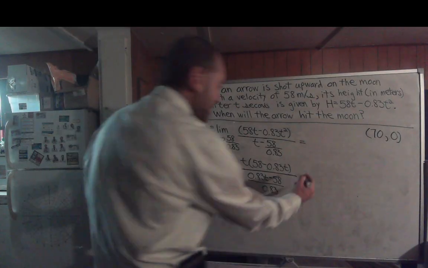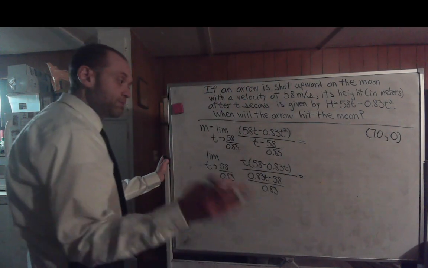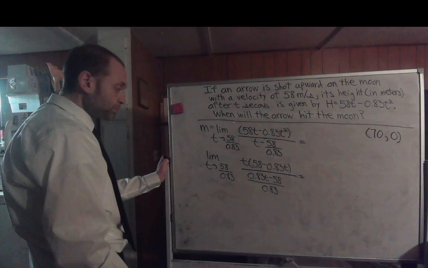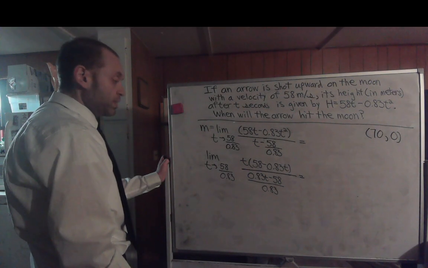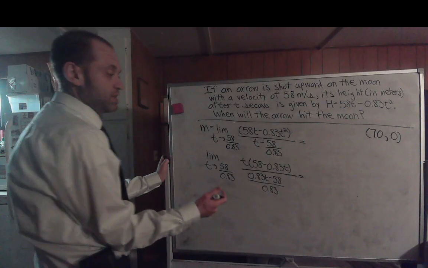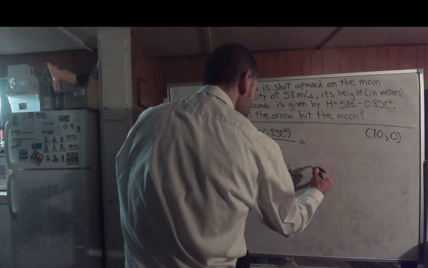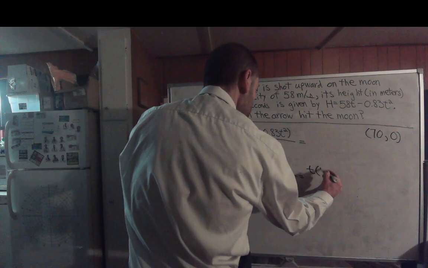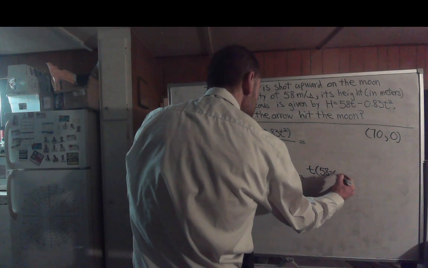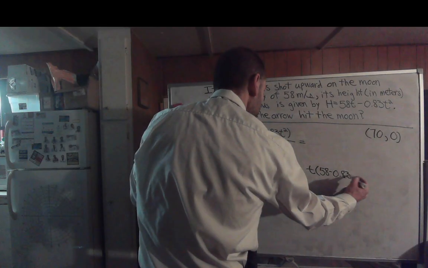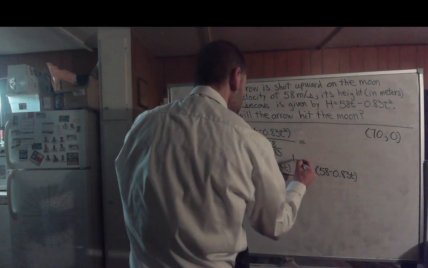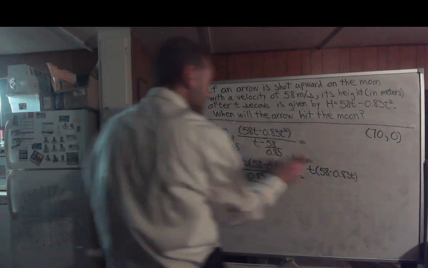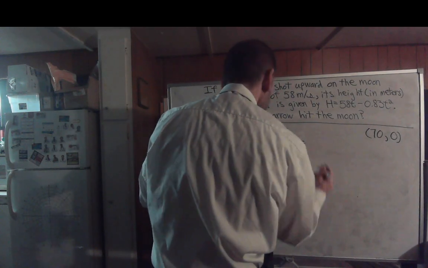Otherwise you won't be able to cancel out. So keep those in mind. Now, we have a complex fraction, so this would end up turning into t times 58 minus 0.83t. The limit as, I better write the limit still. We haven't evaluated the limit yet.